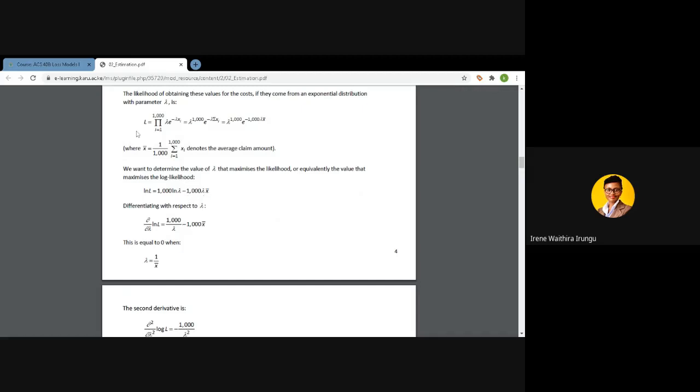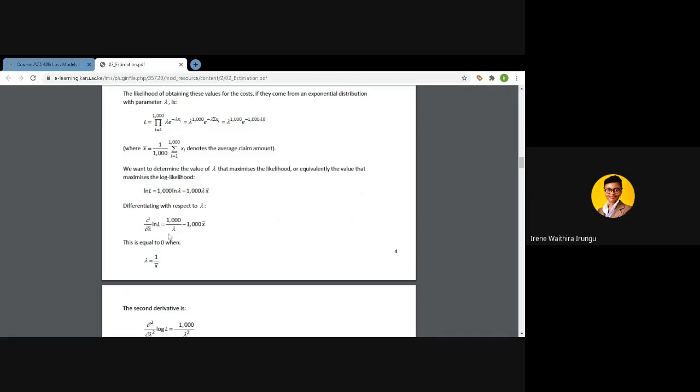So we have defined our likelihood function. We have obtained our log of the likelihood. The next step is to now differentiate the log of the likelihood with respect to the parameter which we are estimating, which in this case is the lambda. So if you differentiate this log of the likelihood with respect to the parameter lambda, then in this case we'll have 1000 divided by lambda, minus 1000 times x bar.